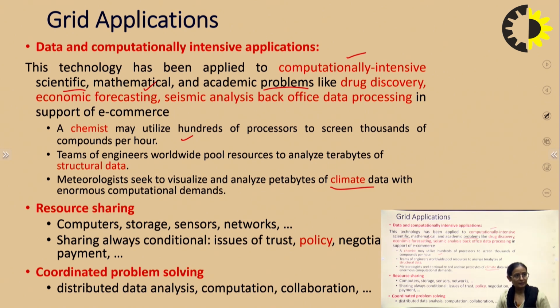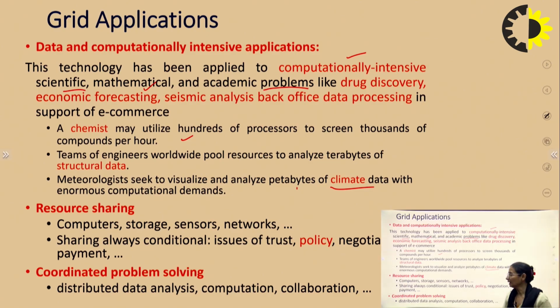Since a lot of organizations come together here, our data may be distributed across different states or locations, and then we need a grid because a lot of computation needs to be done.